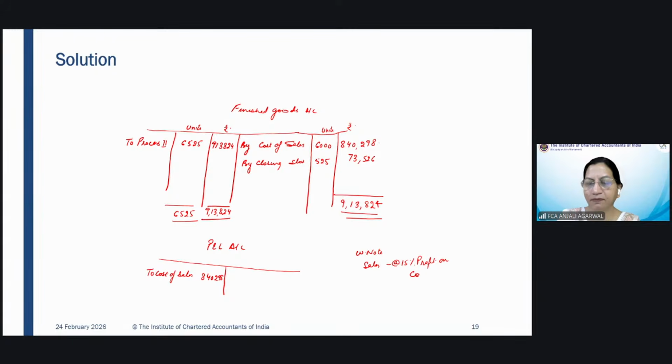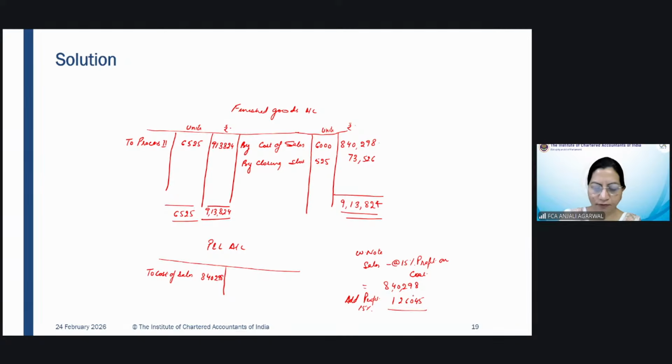So this time cost is known to us, 8,40,298, and add profit to this at the rate of 15%. So it comes out to be 126,044.7. So I'll round off to 126,045.